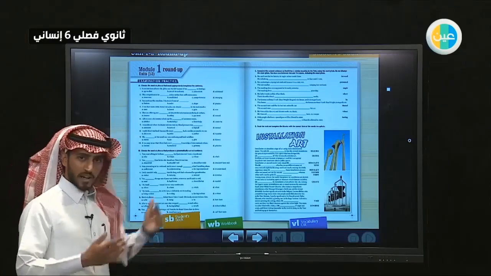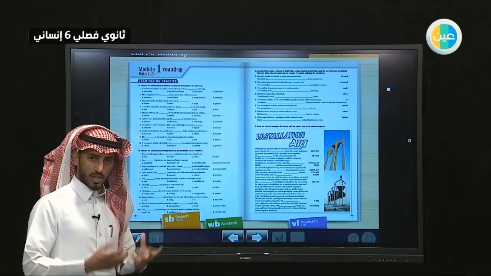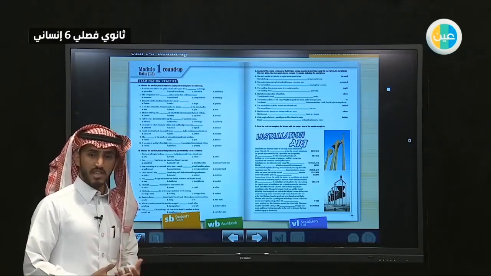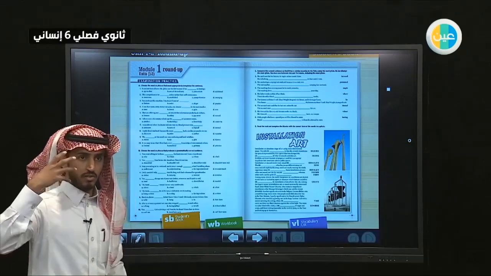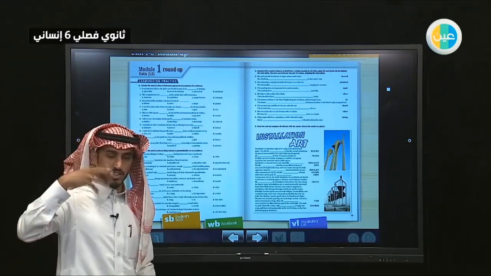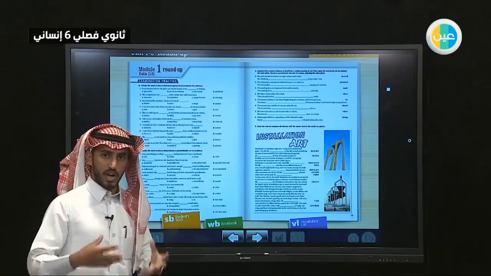Okay, so what should you have do at this point? You should go back to the beginning of Unit 1 and start revising, start studying again to get a retention for each information that you have learned.